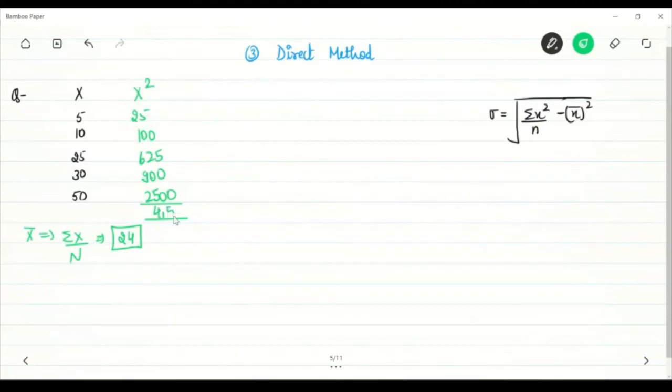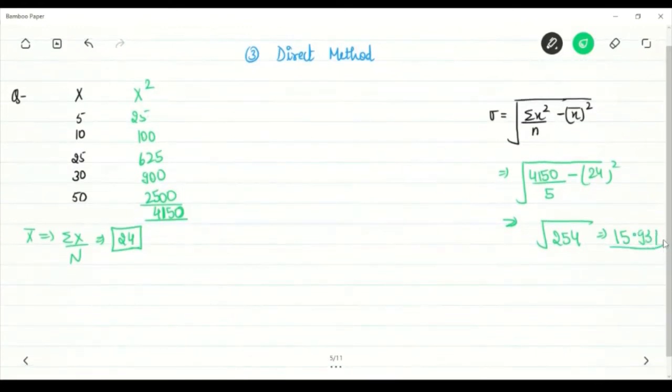I have calculated this value with the help of a calculator in order to save time and make this video short. So sigma x square is 4150 divided by 5, minus the mean square, 24 square. The value that we obtain here will be the same, that is 254 under the root, and the decimal value of this root is 15.937.